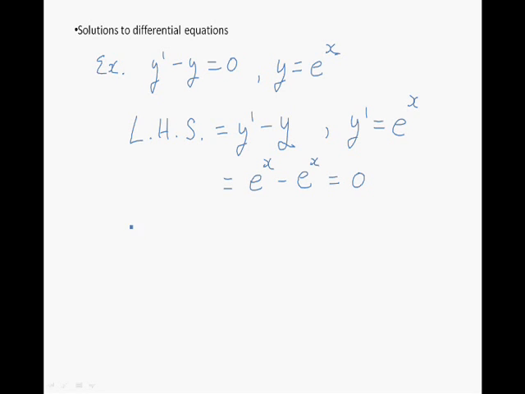Therefore, the left-hand side of the equation is equal to the right-hand side of the equation. And therefore, we can say that y is equal to e^x is a solution.